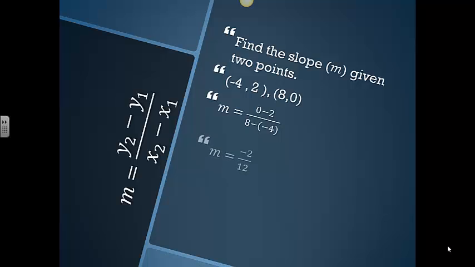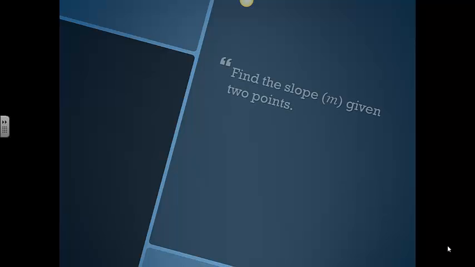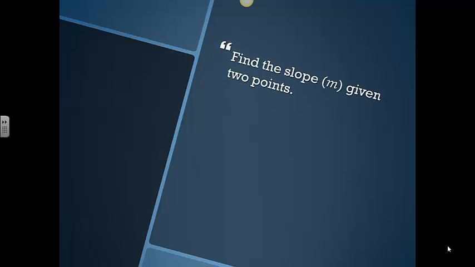Let's see, 0 minus 2 is just -2. 8 plus 4 is 12. And again, remember, we need to reduce. This is a fraction, so that reduces down to -1/6.